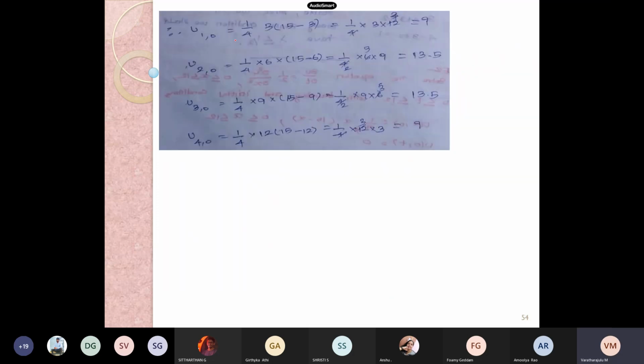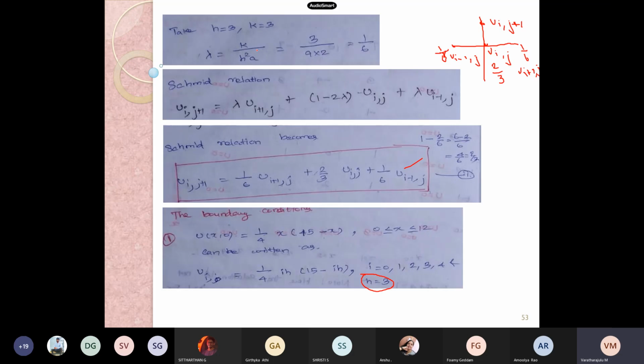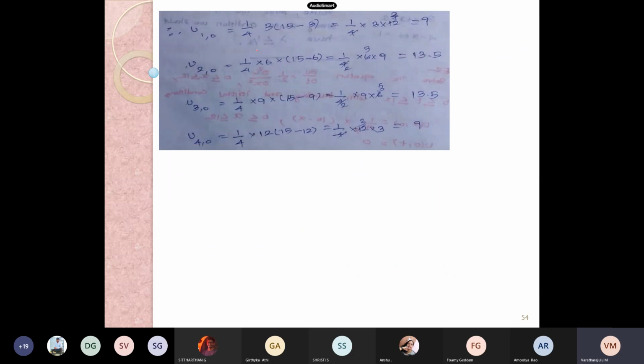So ih gives 3, 6, 9 and 12, and the data is 1 by 4 of 3, 6, 9 and 12 times 15 minus the same 3, 6, 9 and 12.